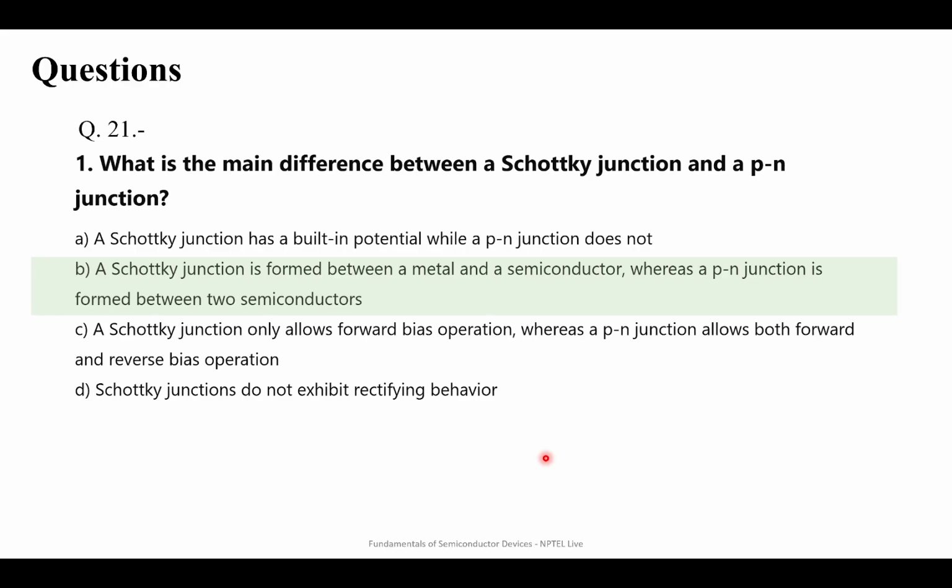So when you join a metal and semiconductor, similar to how the Fermi level equalizes in the PN junction, in the metal and semiconductor also, the work function of metal will equalize with the Fermi level of the semiconductor, and that will give rise to some band bending, and depending on the work function difference, you can get a Schottky junction.